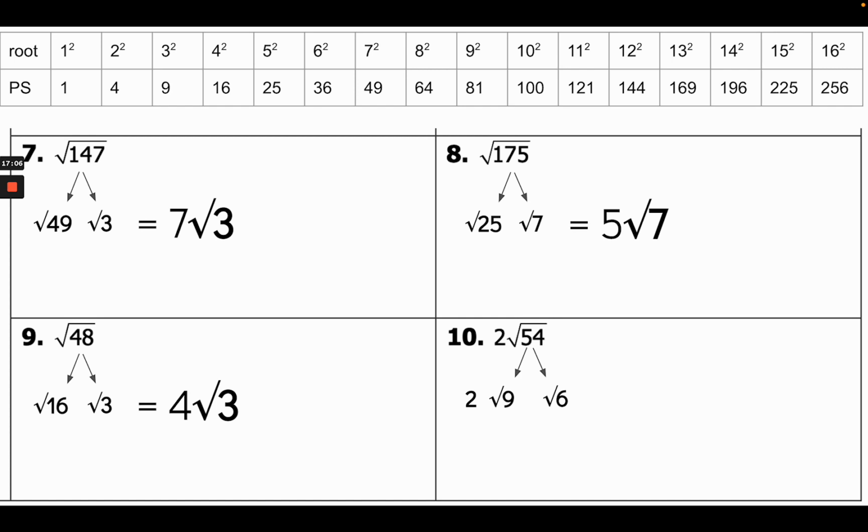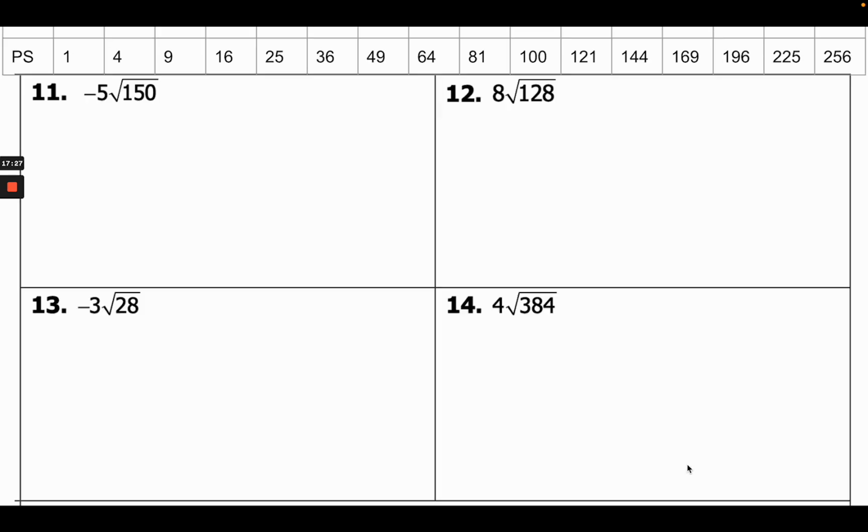Okay? So what can we simplify here? I can simplify 2 times root 9, which is 2 times 3. What's left over? My root 6. 2 times 3 is 6, and so my answer is 6 root 6. So this is how we simplify 2 times root 54. We get 6 times root 6.